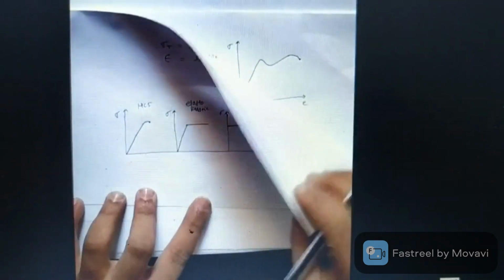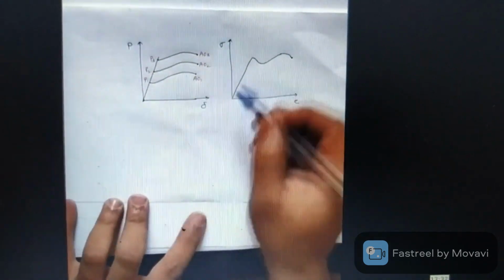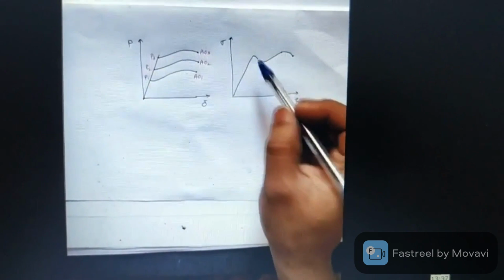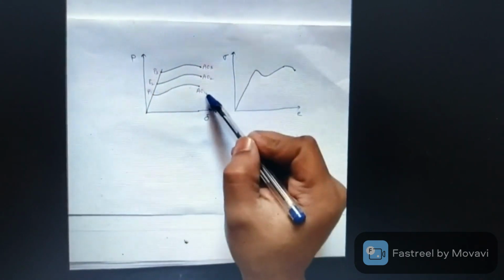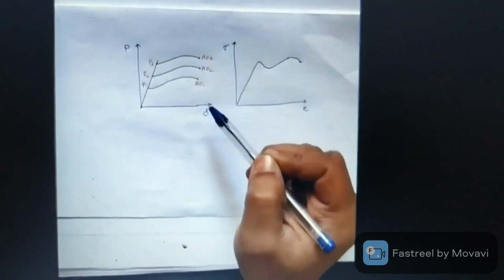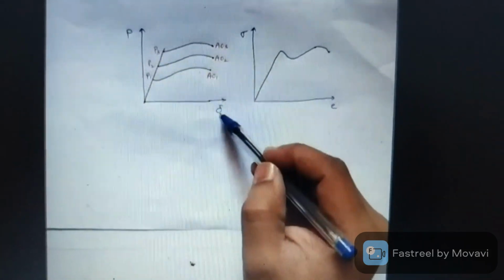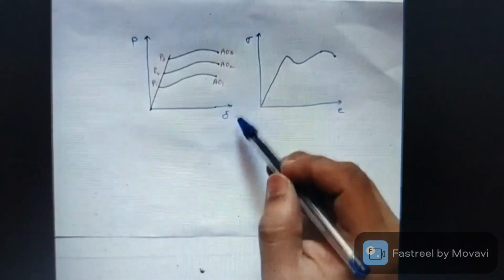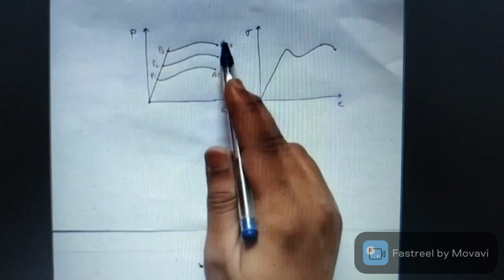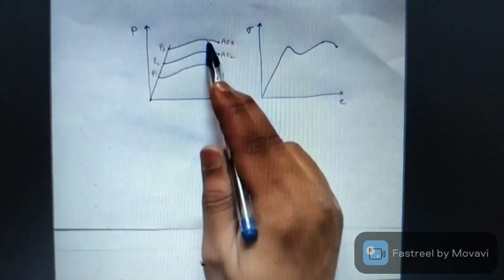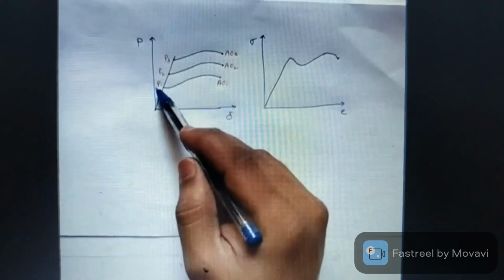Okay, next part. If I consider the same material and apply different forces and take different cross-sectional areas, I will get different curves of load versus deformation. Here P is the load and delta is the deformation. You can clearly see that there are so many curves. For the same material, this curve can be different at different loads and different cross-sectional areas.